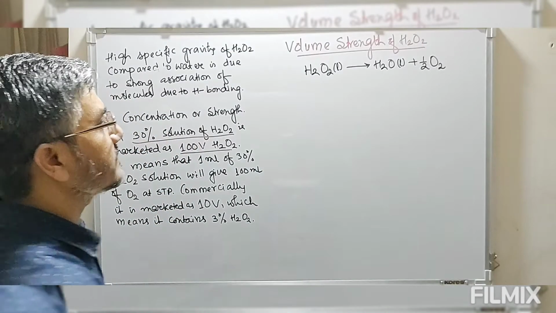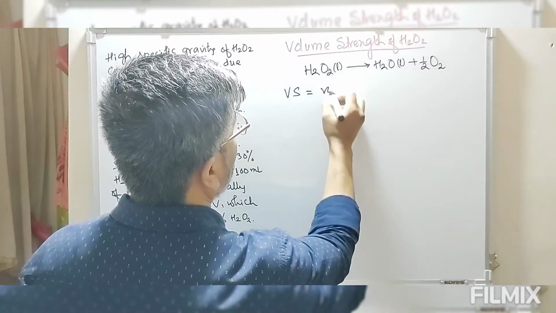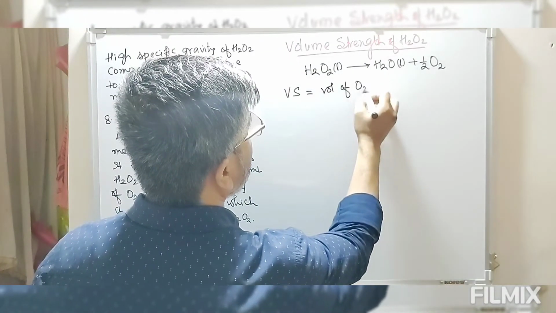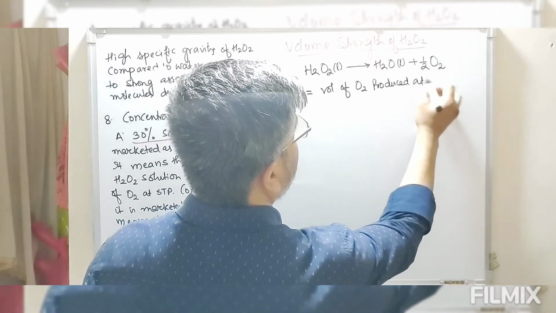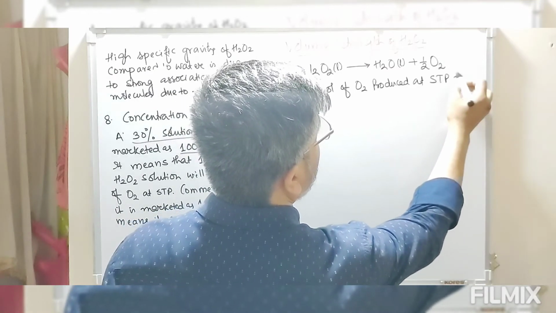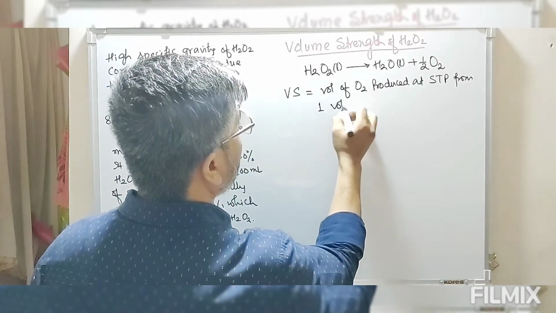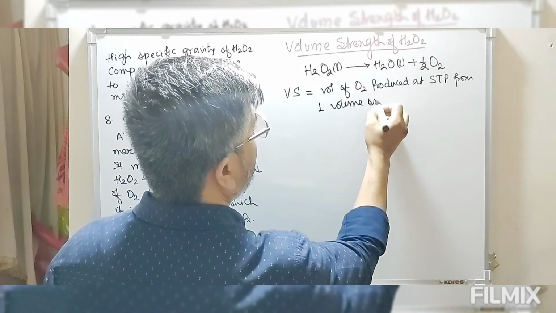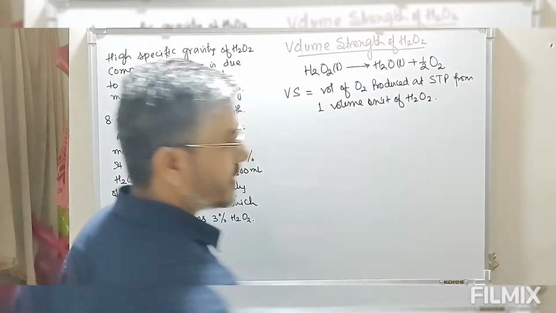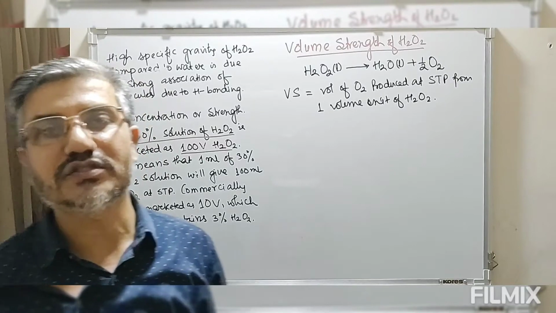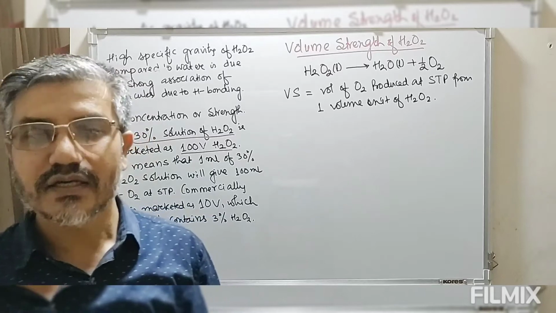So, the definition says volume strength is defined as the volume of oxygen produced at STP condition from 1 volume unit of hydrogen peroxide. If I take 1 ml of hydrogen peroxide, how many mL of oxygen gas will be produced at STP?